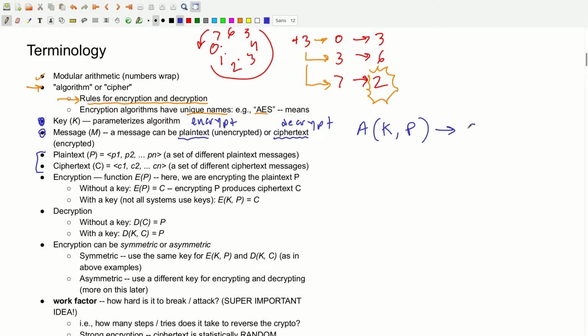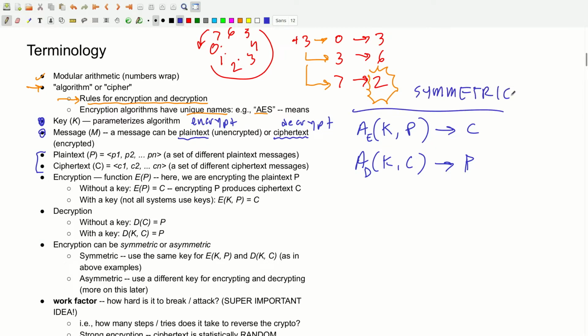And it's going to produce a ciphertext C. And then if I use the decryption form of that algorithm, and I use the key K and the ciphertext, then I'm going to get the plain text back. So if I use the encryption form of A, I get the ciphertext. If I use the decryption form of A, I'm going to get the plain text back. Okay? This, incidentally, is called symmetric encryption.